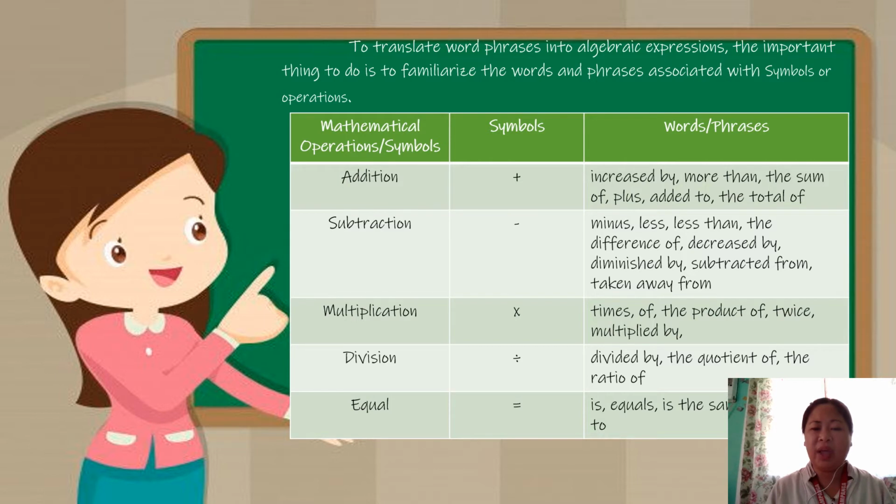For subtraction, we have minus, less, less than, the difference of, decreased by, diminished by, subtracted from, taken away from. For multiplication, we have times, of, the product of, twice, multiplied by. For division, we have divided by, the quotient of, the ratio of. For equal, we have is, equals, is the same as, equal to.